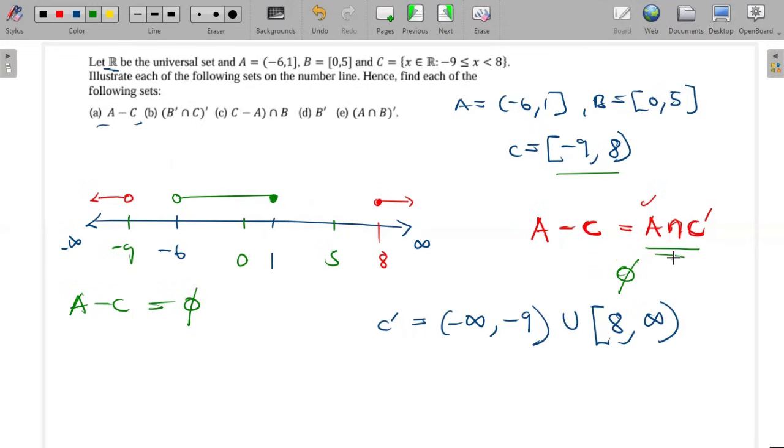Okay, is there any question before we move on to the next part? I've got a question. Yes. Since A intersection C complement, if we use the De Morgan rule, isn't that A intersection C complement equal to A?